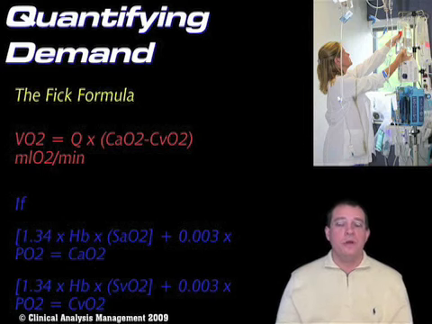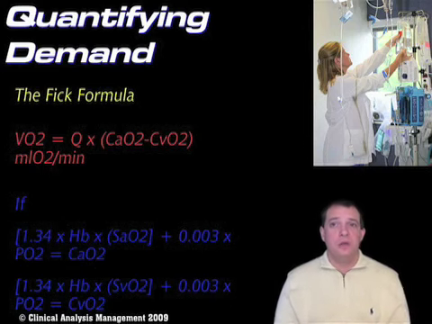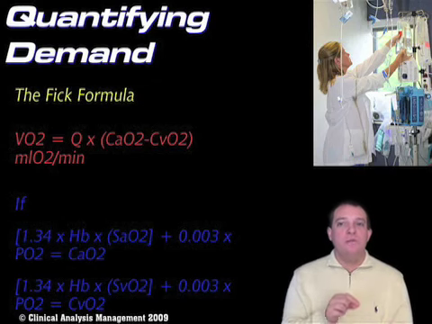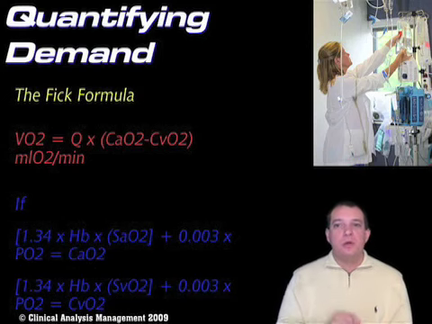So we would call that the SvO2. The way that we measure the venous oxygen is exactly the same as the way that we measure the arterial oxygen. We take 1.34 times the hemoglobin, and the only variable that we change is instead of using the SaO2, the oxygen saturation in the artery, we use the SvO2, the oxygen saturation in the vein.